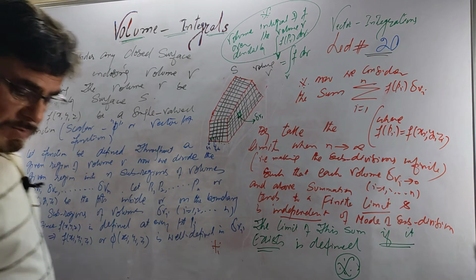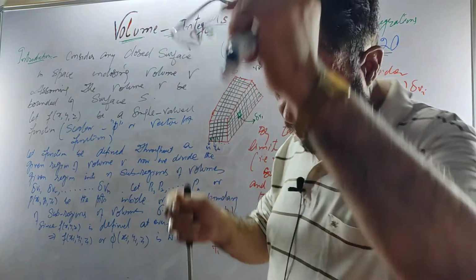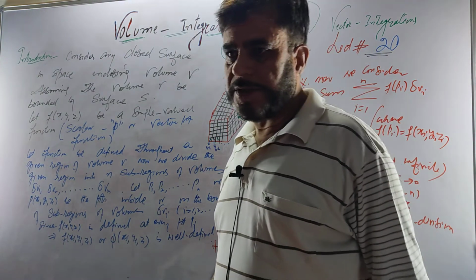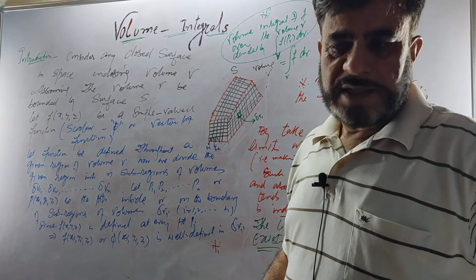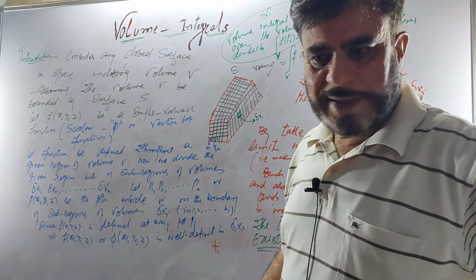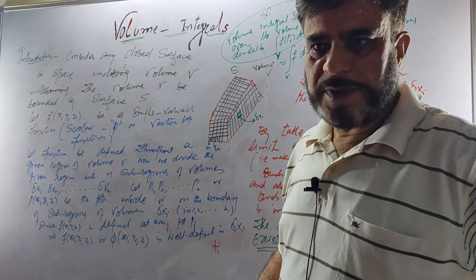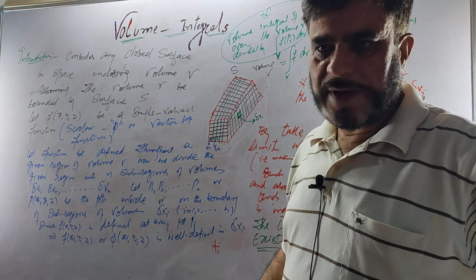Well, dear students, I have just given you the comprehensive definition of this volume integral. That is why I first introduced how we find the line integral and the surface integral. In the case of the line integral, we divide the curve into a finite number of parts, then make this division infinite.